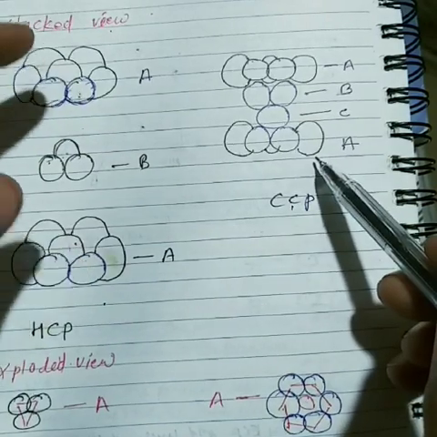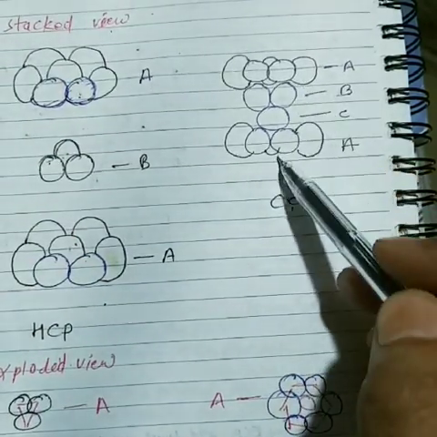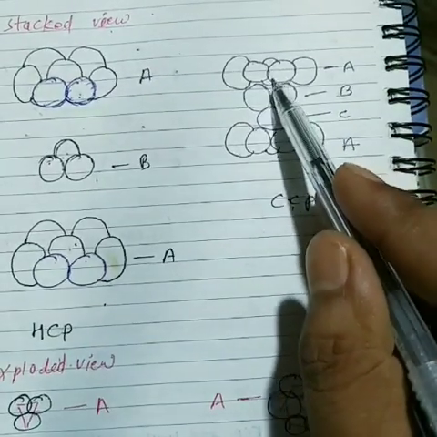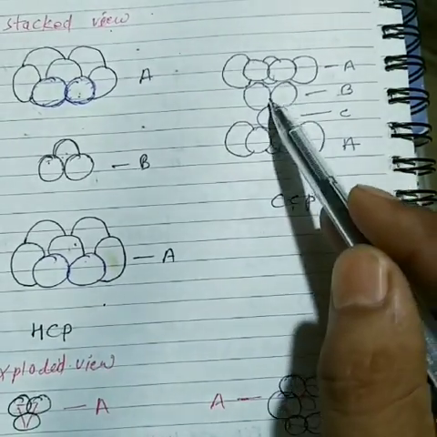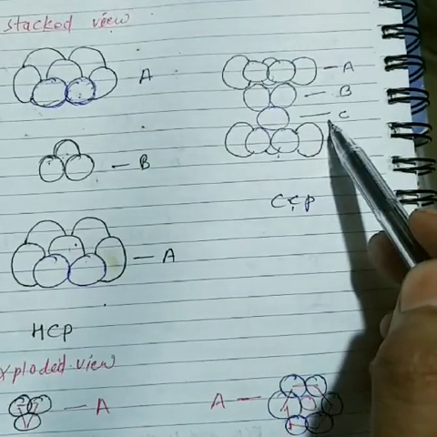Now see the basic difference between HCP and CCP. Here it is very important, students, very important. See here, 6 atoms are here, 2 atoms are here, and a single atom is here.